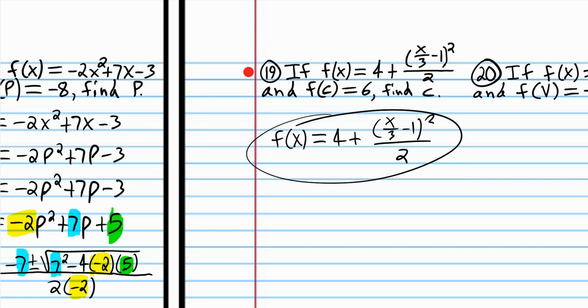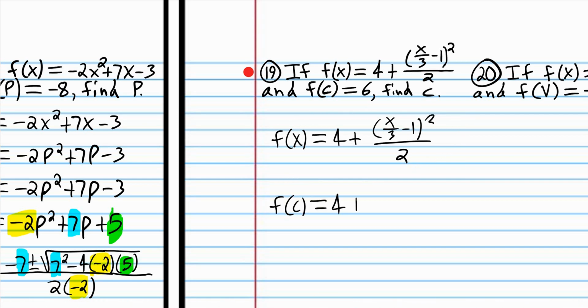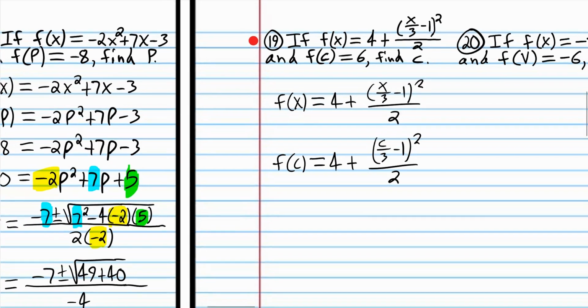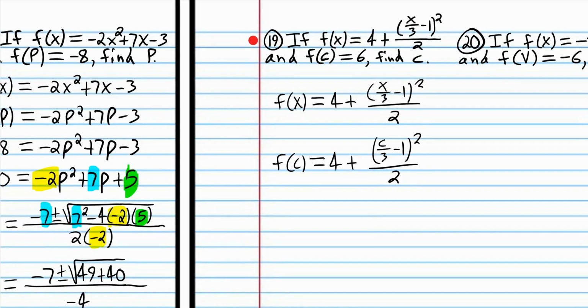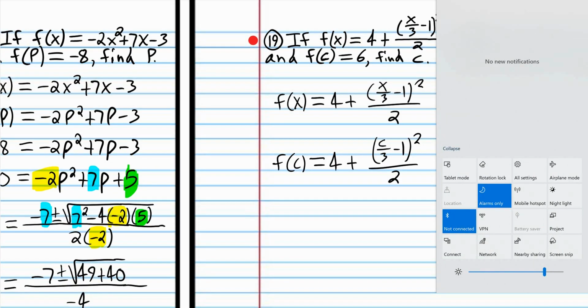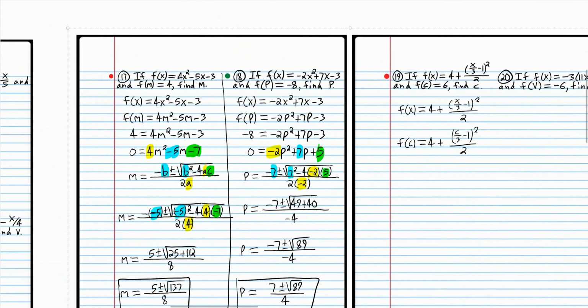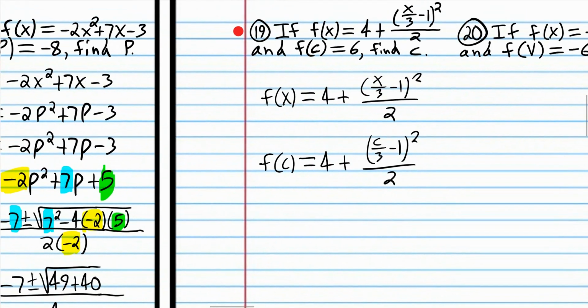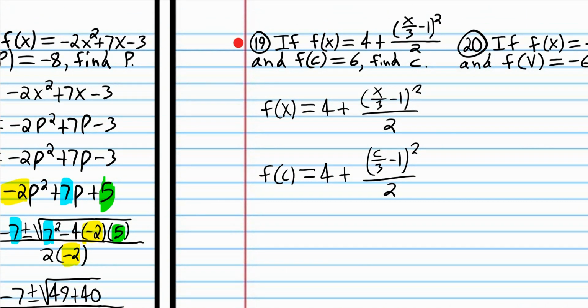Now, if this is true, that means that f of c must be equal to 4 plus c over 3 minus 1 squared over 2. We're also told f of c is 6. So we're going to plug in 6 for f of c.